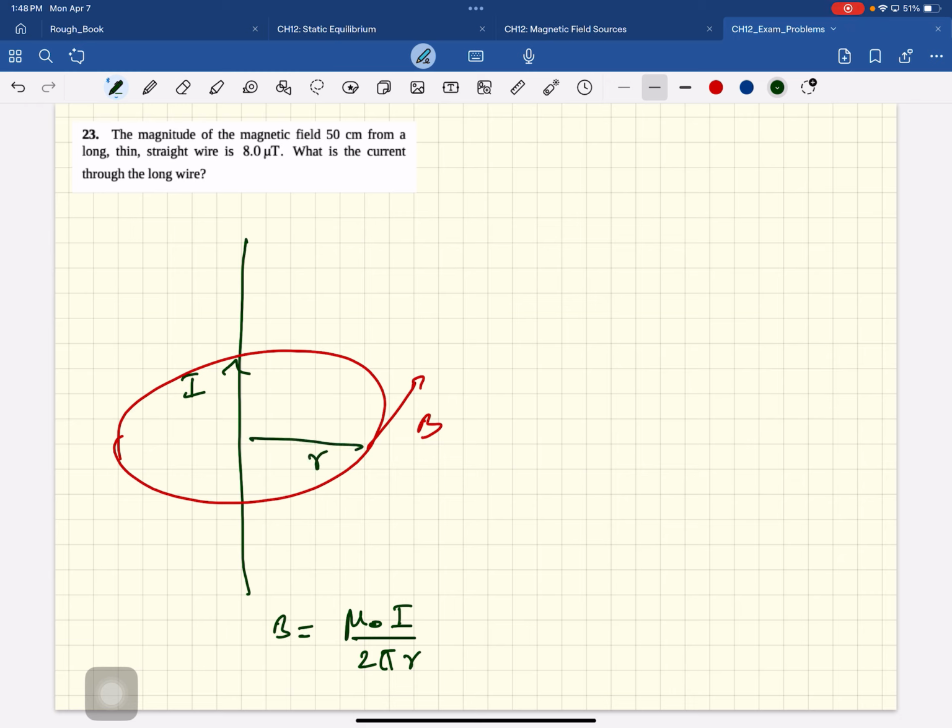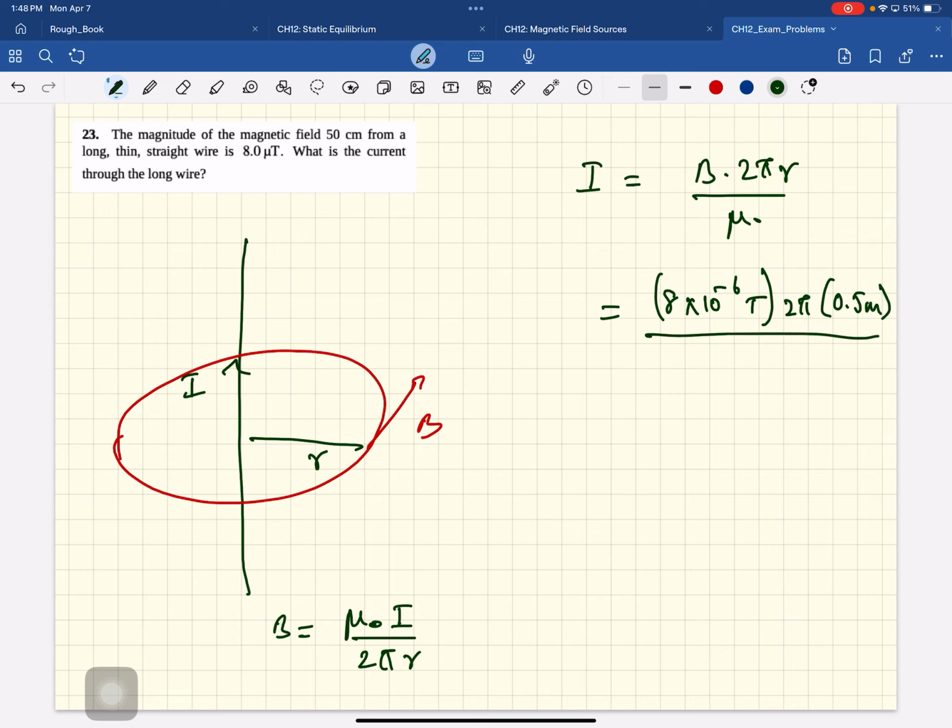So they're asking you to find the current. The current is B times 2 pi r divided by mu naught. So B is 8 microtesla, r is 50 centimeters, and mu naught is 4 pi times 10 to the minus 7 Tesla meter per amp.